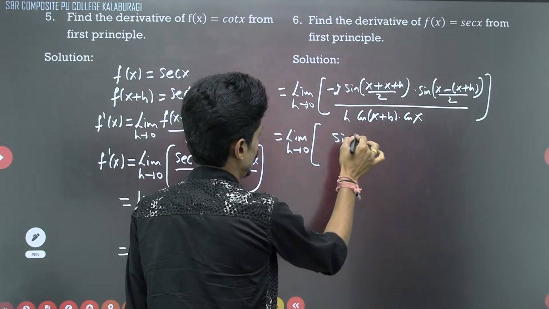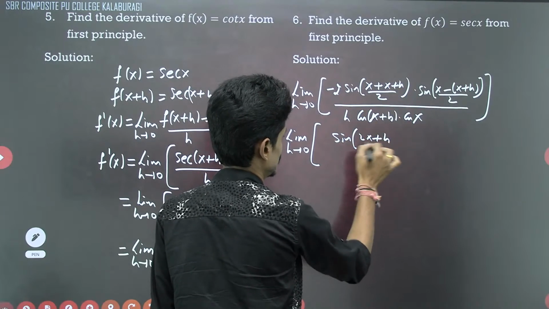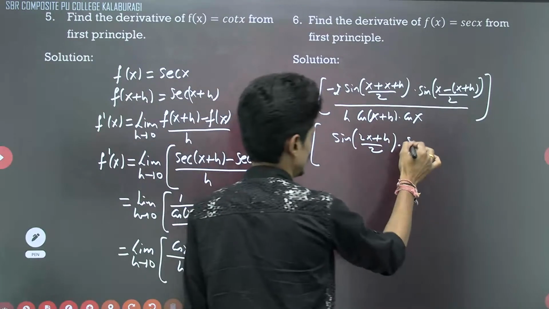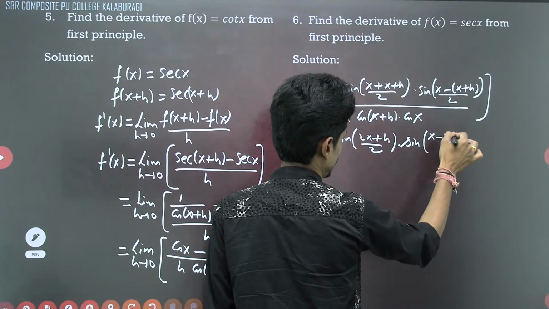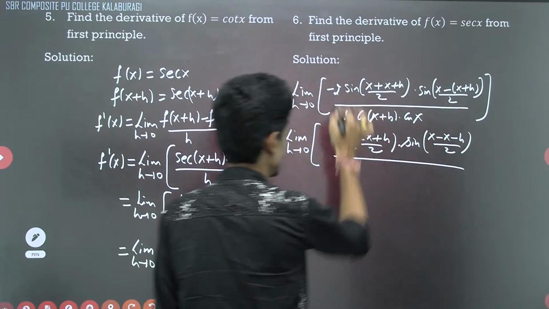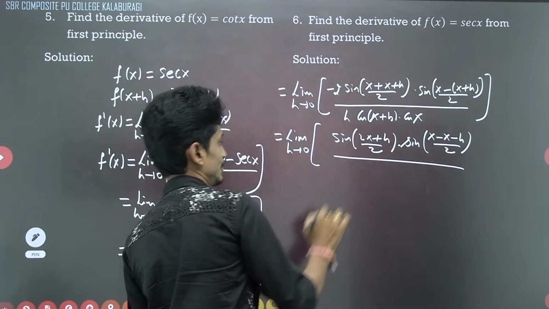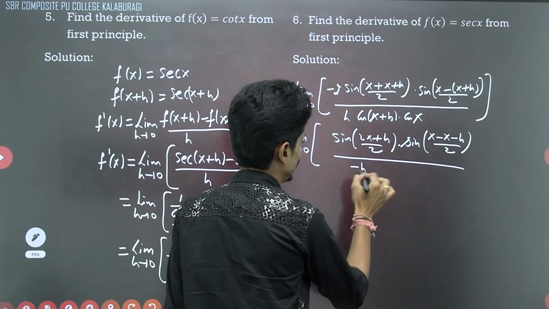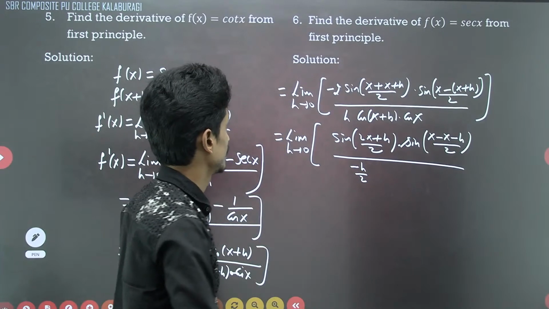That is sine of x plus x goes to 2x plus h by 2, into sine of, removing the bracket, x minus x minus h by 2, whole divided by this 2. Shifting in place of denominator, that will be minus 2 there. I can write here minus h by 2, dividing numerator and denominator by minus 2.